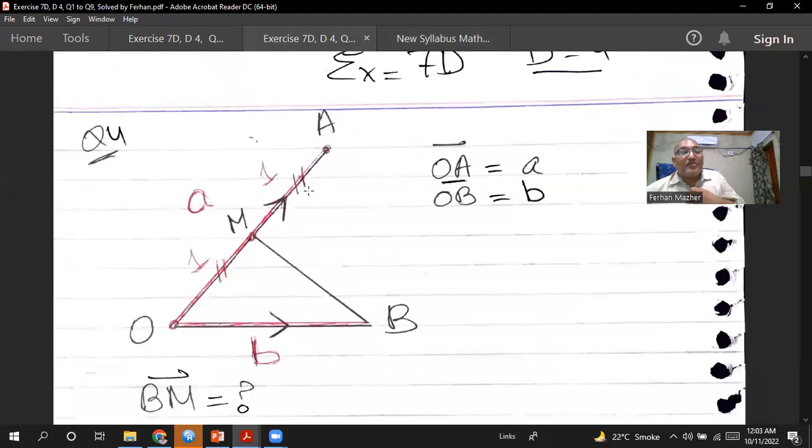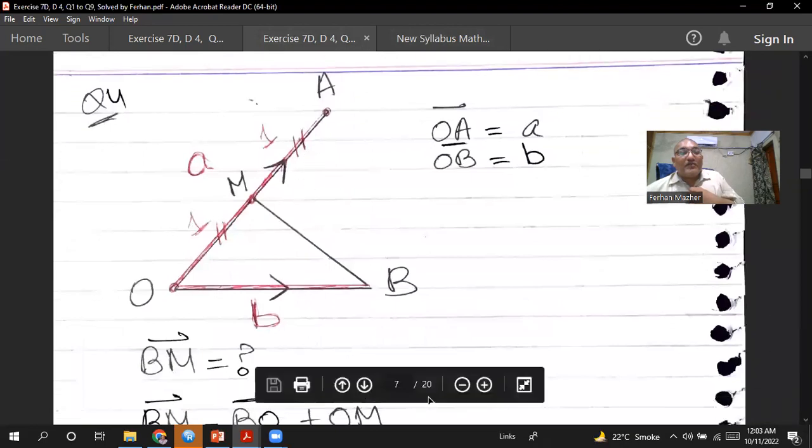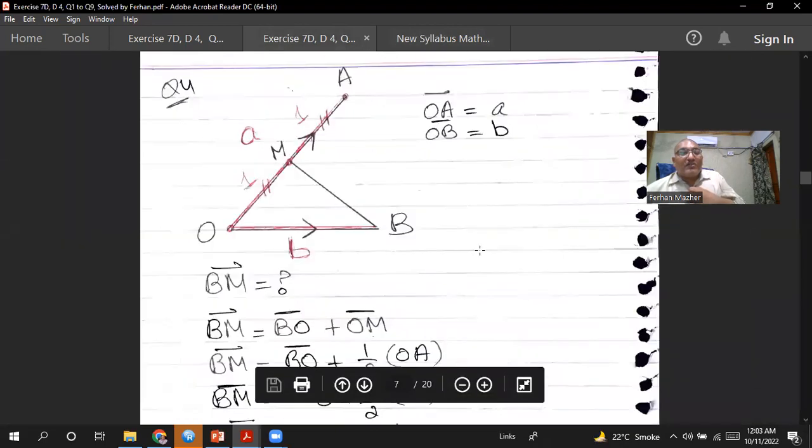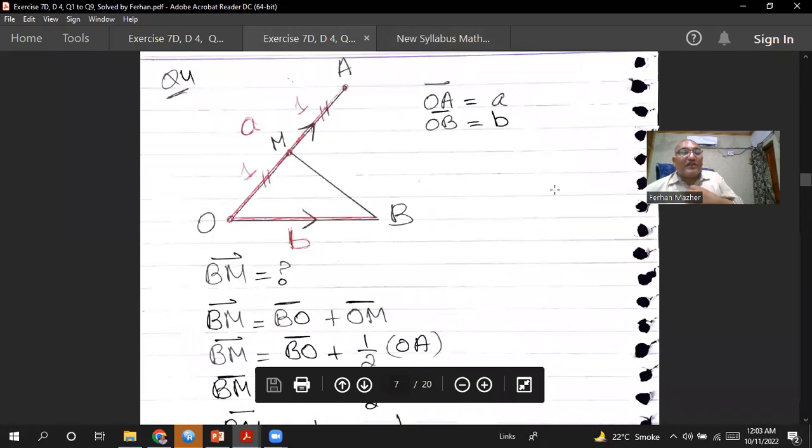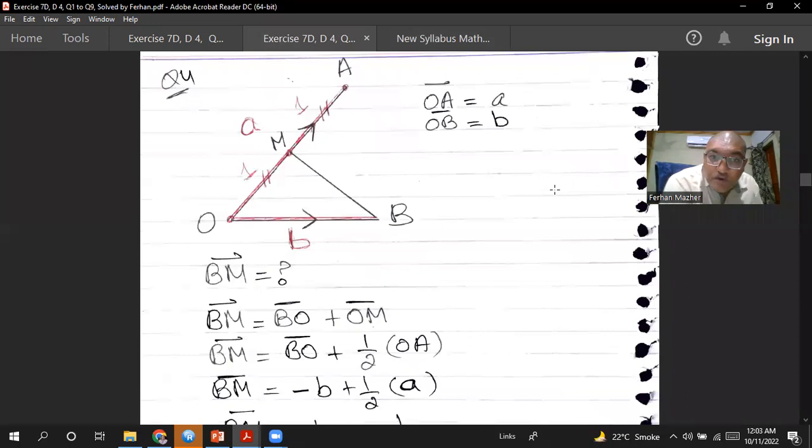So let me show you question number 4. This is question number 4 showing up on your screen. OA is a, OB is b, BM is the question. So BM will be equal to BO plus OM. OM is basically half of the OA.